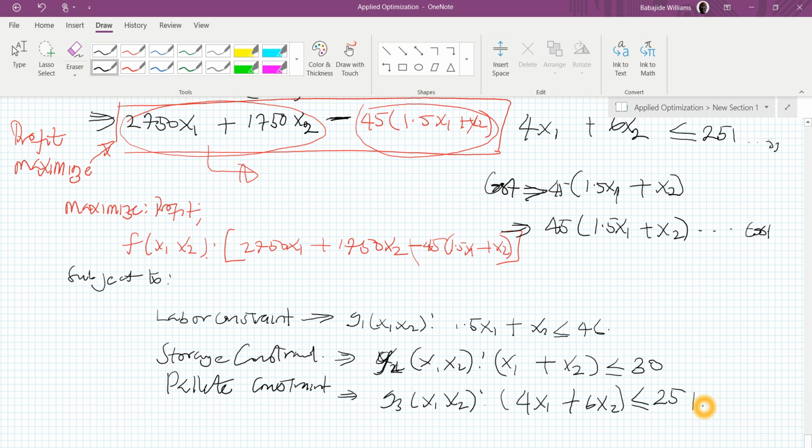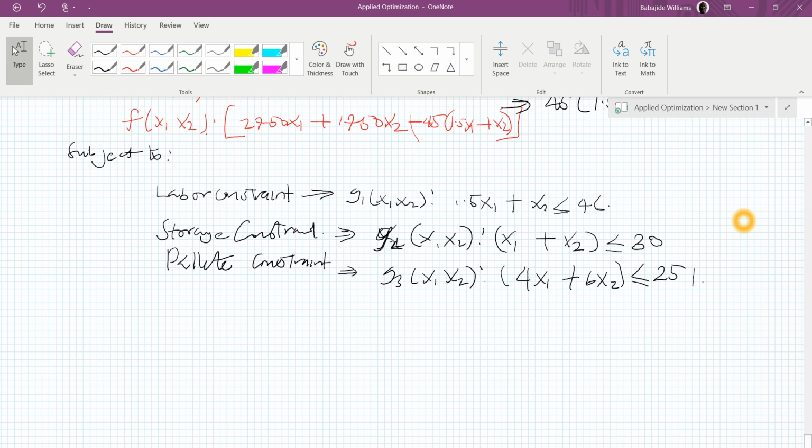And then we put x1 is greater than or equal to 0.5, and x2 is greater than or equal to 1.